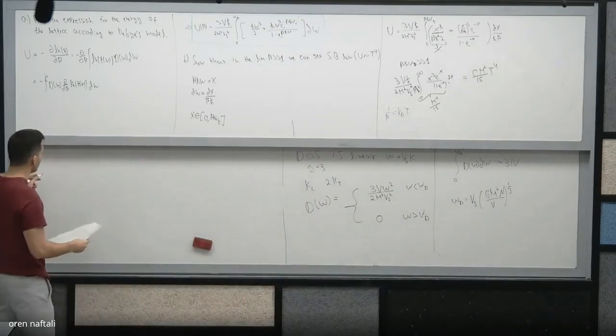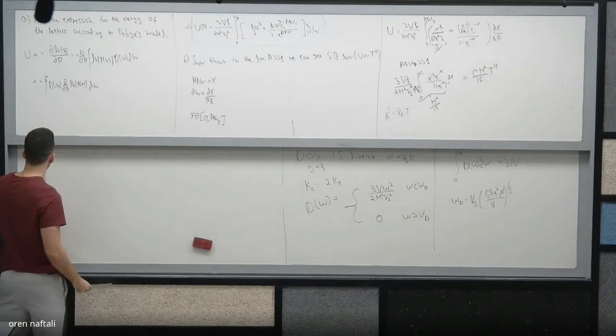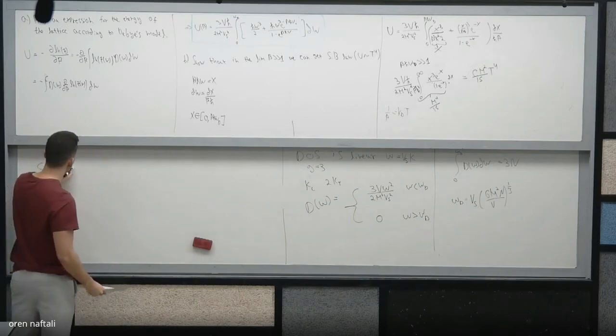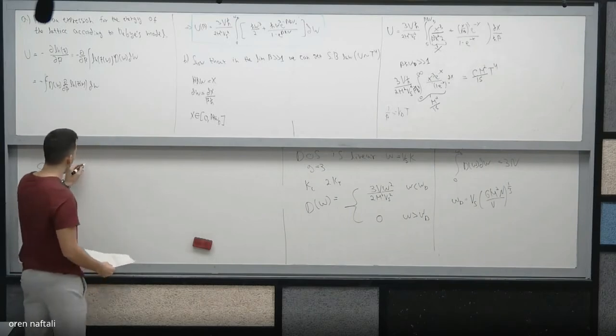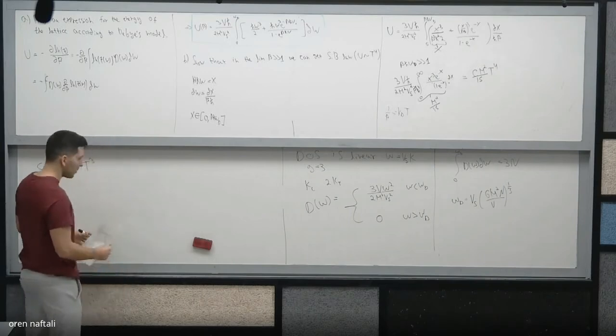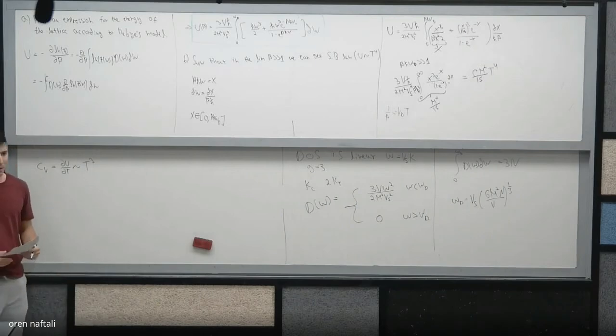Okay, what is the heat capacity? So the heat capacity is dU over dT, and it goes like the temperature to the 3rd. And as you know, how did the Einstein model fail? Because experimentally they saw that the heat capacity goes like T to the 3rd.